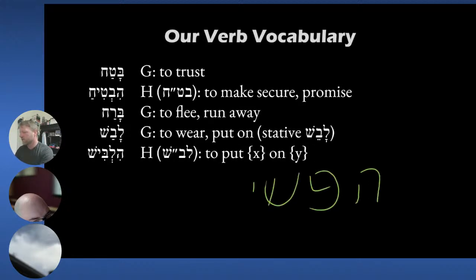Hifshit means he undressed somebody. Hilbish et beno, he dressed his son. He caused him to put clothes on. Or hifshit et beno, he undressed his son. He took his clothes off.